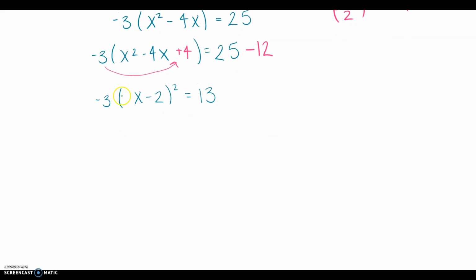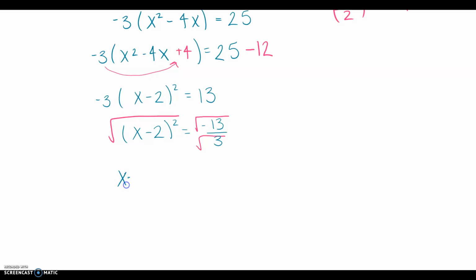So I'm going to start by dividing by negative 3. And I get negative 13 thirds, which we are going to leave as a fraction. And even though it's negative, we're still going to take the square root because we have learned about complex numbers. When you take the square root, remember you're doing both the numerator and the denominator.